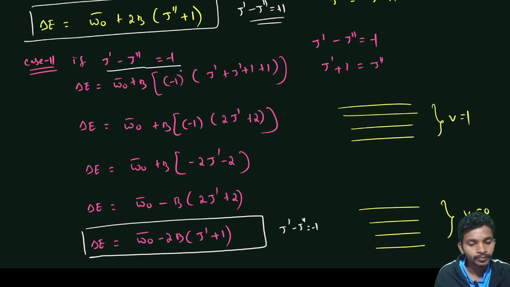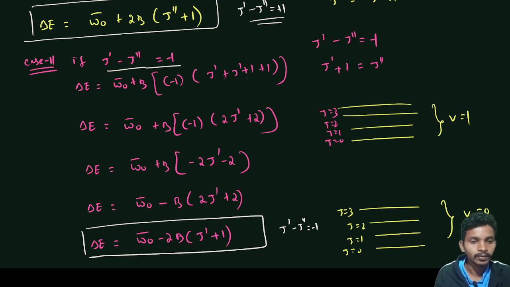So this is j equal to 0, j equal to 1, j equal to 2, and j equal to 3. Similarly, this is j equal to 0, 1, 2, 3.